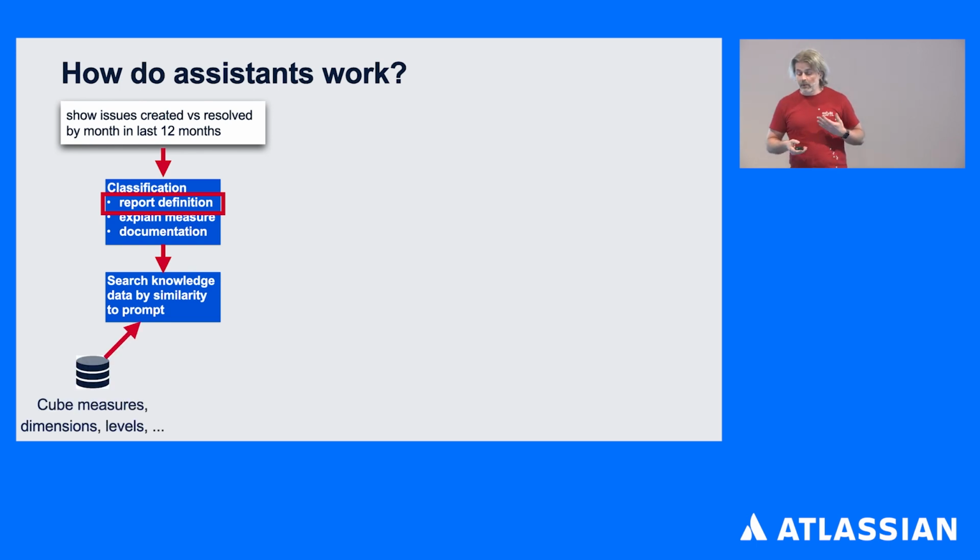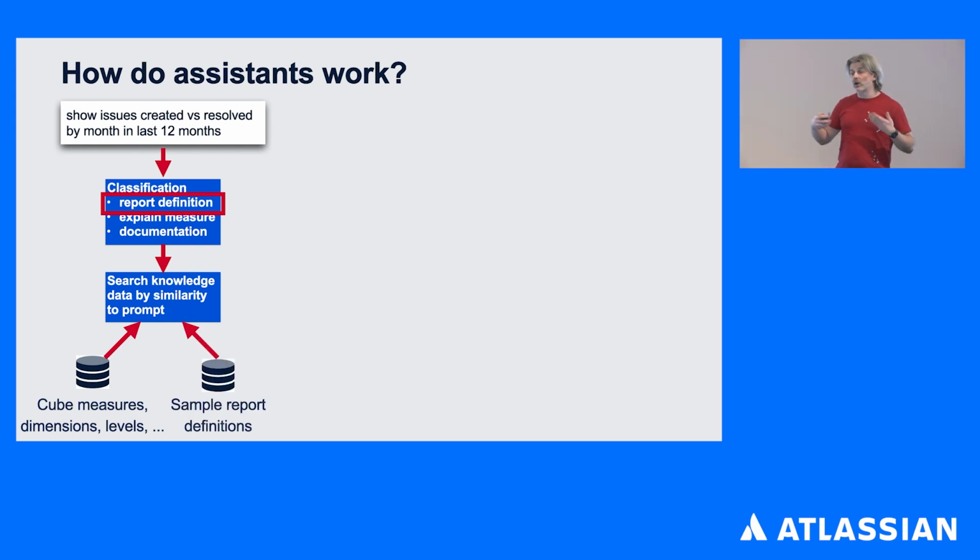At first, we inject different metadata regarding the current user context. What are the measures and dimensions available in their data cube that could be used? As well as we have a lot of sample reports which match some hypothetical user question to the generated report definition in a JSON format.